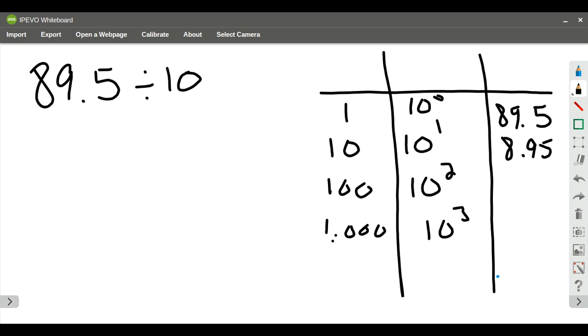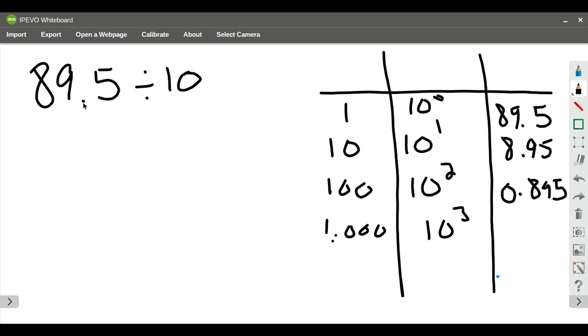If I divide 89 and 5 tenths by 100, notice here my exponent says 2. I also have 2 zeros, so I'm going to move my decimal 2 places to the left. So it's going to be 0.895. And then my last one is going to be moving my decimal 3 places to the left.